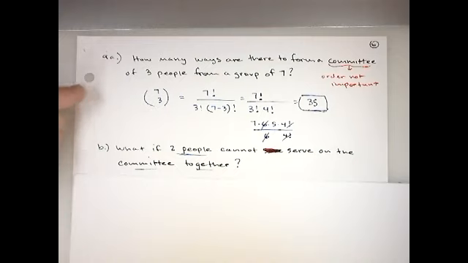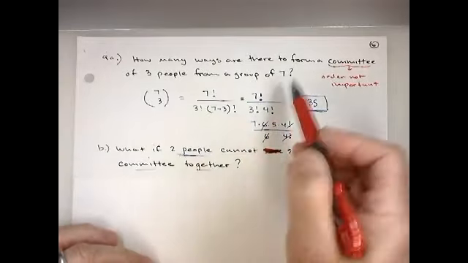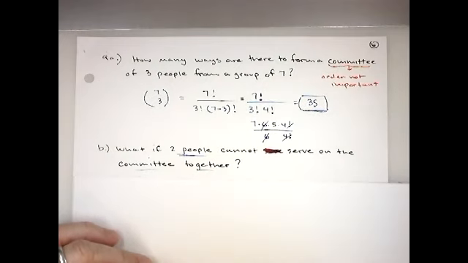So what if, this is part B, we're choosing 3 people from a group of 7 to form this committee, but what if we know that there's 2 people in this group of 7 that cannot serve on the same committee? Maybe they just don't get along, who knows, right? Now, how many possible committees could we form?